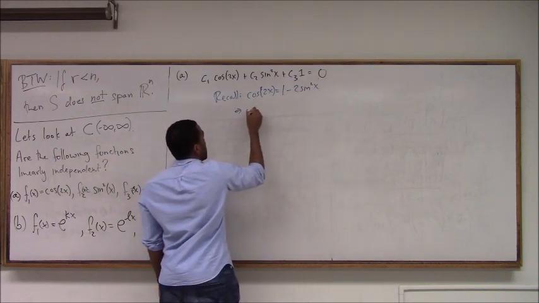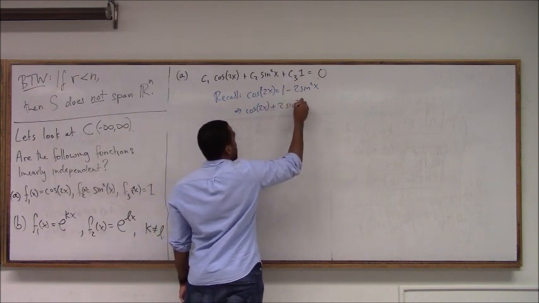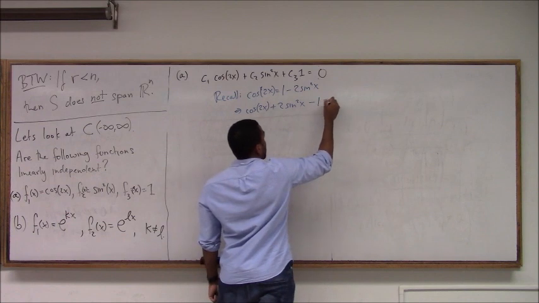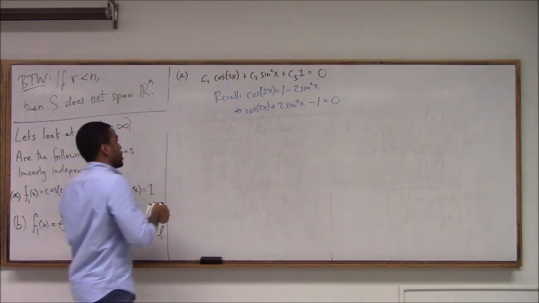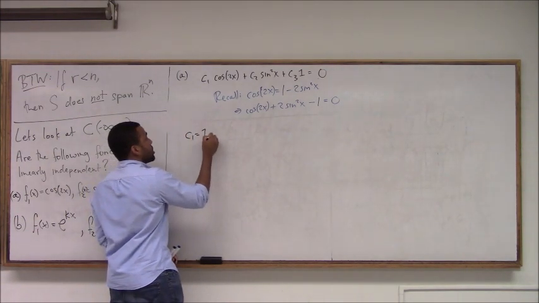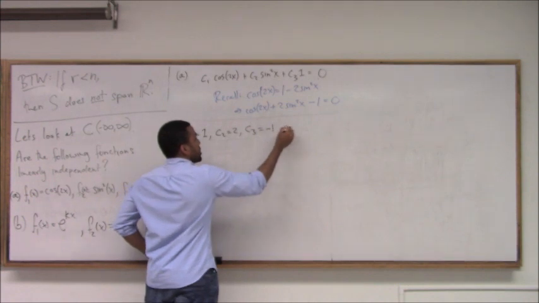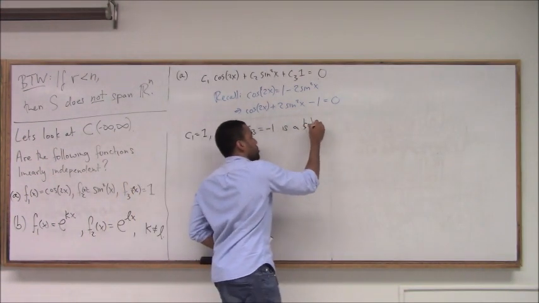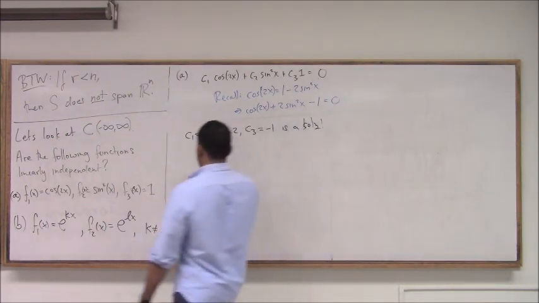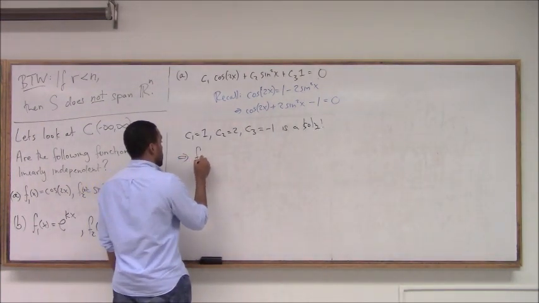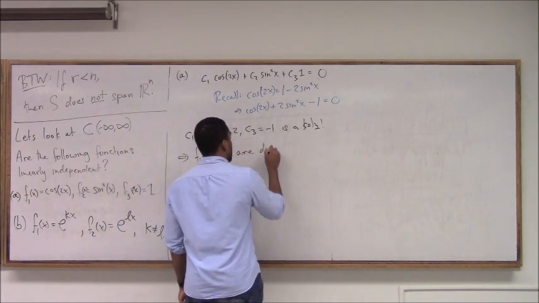Which means that cosine of 2x plus 2 sine squared x minus 1 is equal to 0. In other words, C1 equals 1, C2 equals 2, and C3 equals minus 1 is a solution. So they're dependent. That's a non-trivial solution. F1, F2, F3 are dependent.